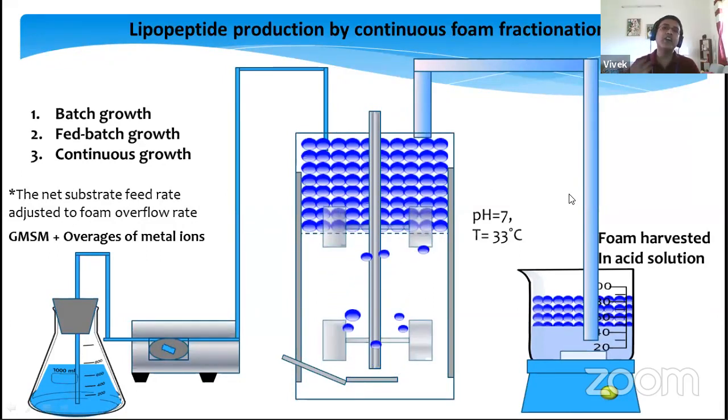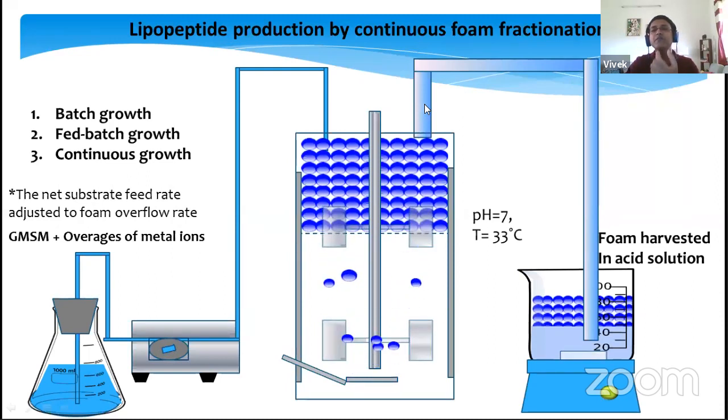This is somewhat different from a routine liquid based fermentation process. If you try to establish a liquid continuous steady state process, you will see the feed as well as the product that comes out are both liquid. But in this case, the product is present in the form of foam.